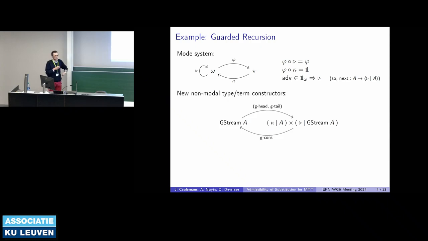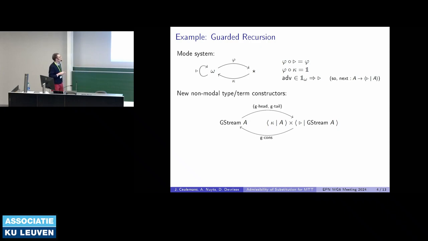Now we also need some type and term constructors for working with guarded streams. So for every type A at mode star, we get a new type of guarded streams of A at mode omega. And you can see them as unfolding over time because they make available 1 more element of their stream at every time. So in the beginning, we just have the first element of the stream, and at every time step, we get 1 more element of the stream.